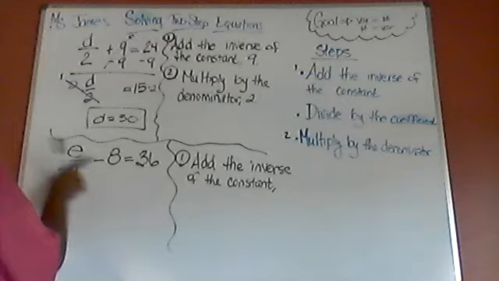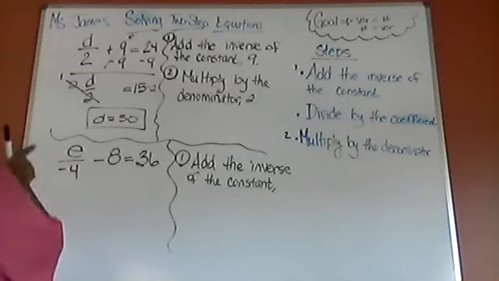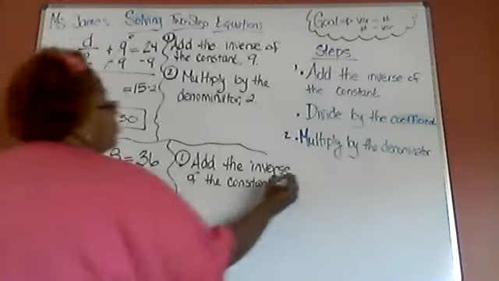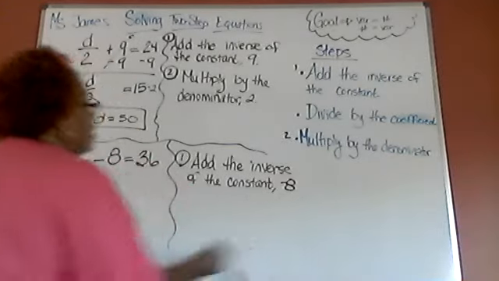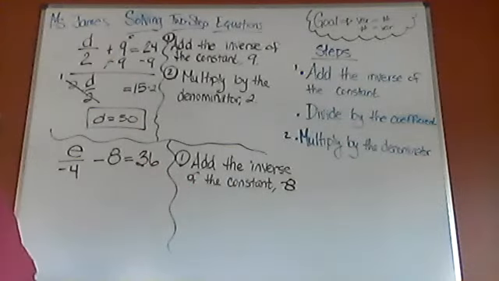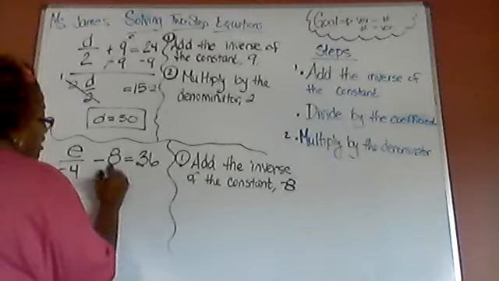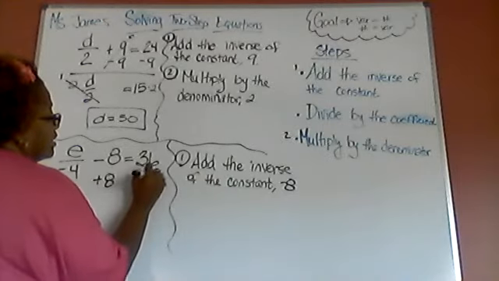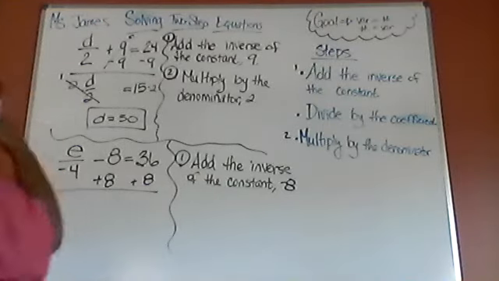But we're going to go with negative 8. Why? Because it's on the same side of the equation as the E. So we're going to add the inverse of the constant negative 8. The inverse of negative 8 is positive 8. So we're going to add 8 to both sides.